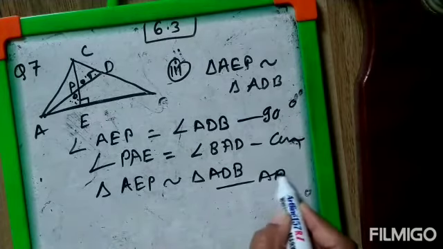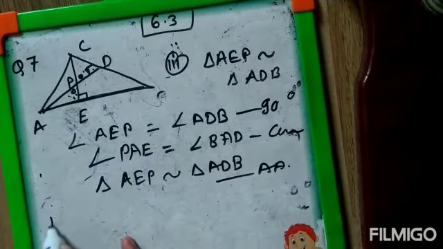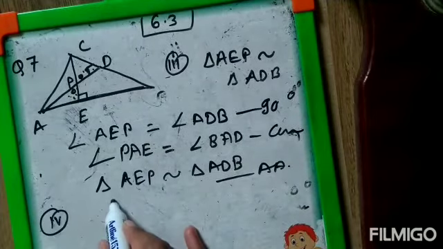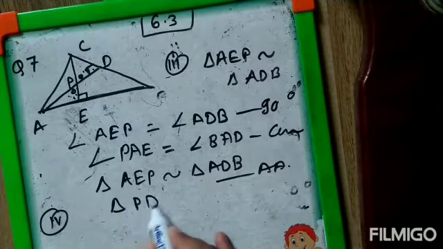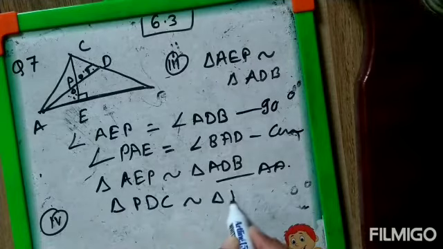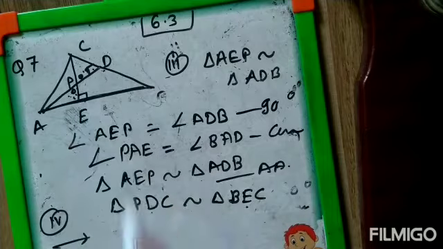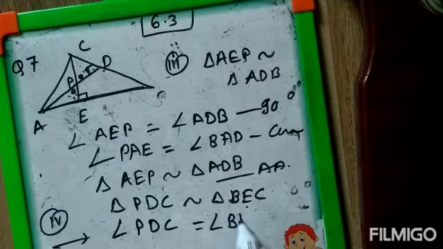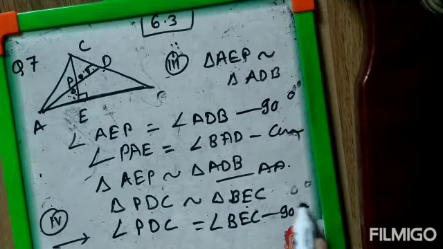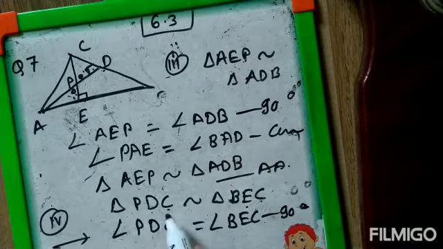Last one, the fourth proof: we have to show triangle PDC is similar to triangle BEC. The proof of this one, again 90 degree, D and E altitudes are there. So angle PDC is equal to angle BEC, each 90 degree. And which common angle is here? We can say angle C is the common angle.